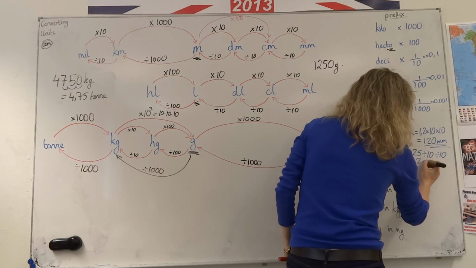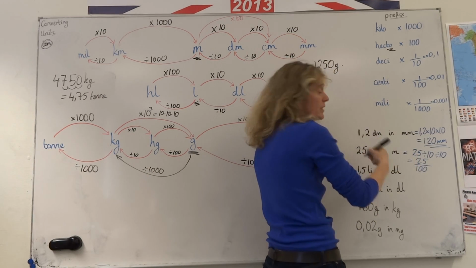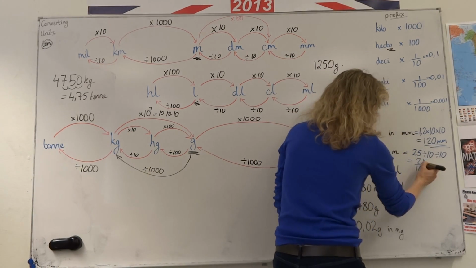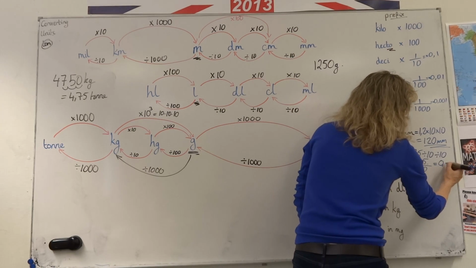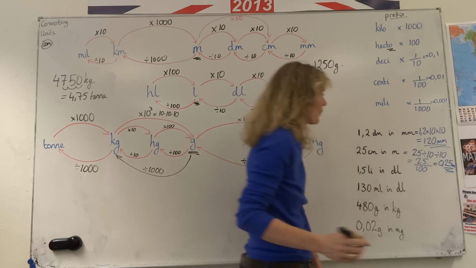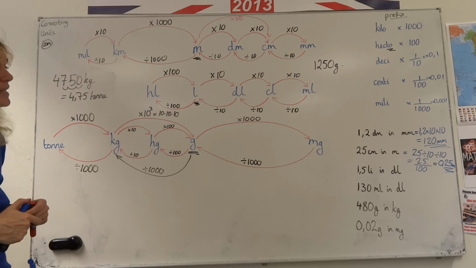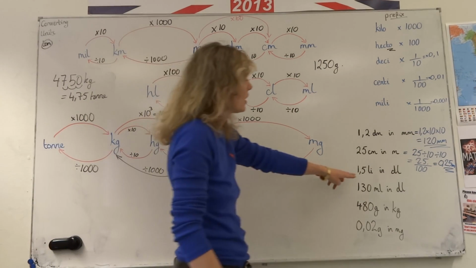So we're taking 25 divided by 100, which we know is just to move the decimal point 2 places back, 1, 2, giving us the answer 0.25 meters. So this technique is very useful. You don't have any big, complicated calculations.